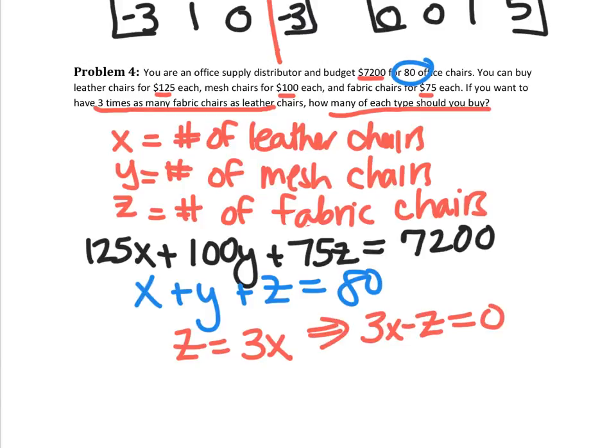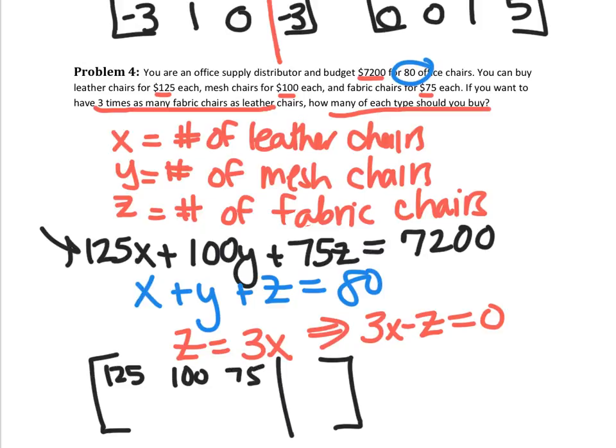It's important I put it in standard form because when I'm setting up my matrix, I want to make sure I'm using the right numbers in the right spot. The first row, I'll put in the coefficients of my first equation along with the answer of 7,200. The next row will be the coefficients of my second equation with the answer of 80. And the last row will be 3x, 0y, -1z equals 0.